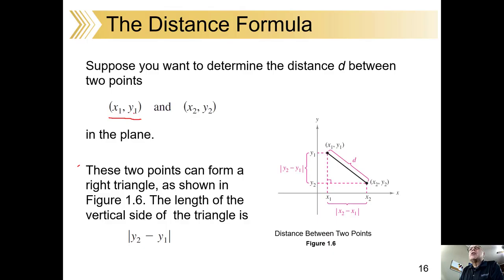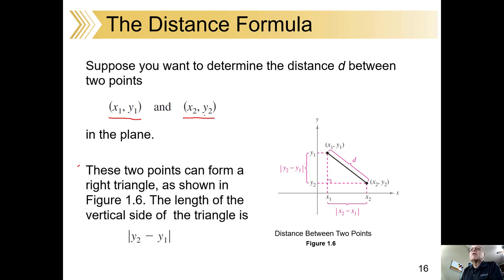The ones represent which ordered pair it is. Because there are ones here, this means we've got the x and y coordinates for the first point. First point as in 1. On the second one, x sub 2, y sub 2. The 2's only mean which ordered pair it is. It's the second ordered pair or the second point.